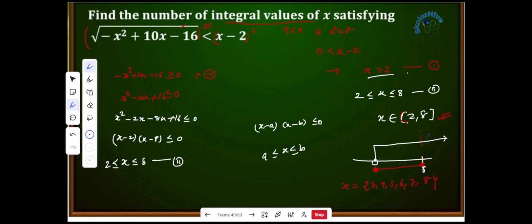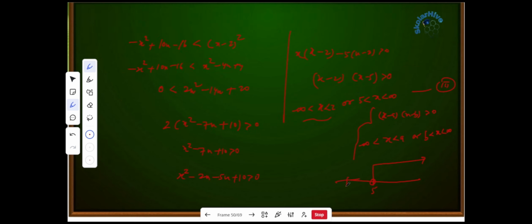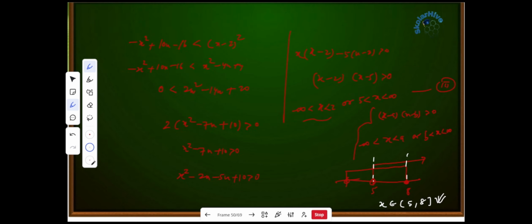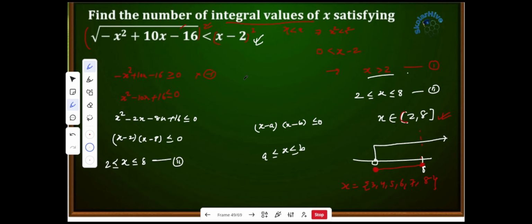If we take the intersection of these two, 5 to 8 and 2 to 8, we'll get values from 5 to 8, meaning x belongs to 5 to 8. 8 is included. So this is the right interval where this particular inequality will be satisfied. From this we can say that between 5 to 8, the integral values are 6, 7 and 8, so there are 3 integral values of x which will satisfy this particular inequality.